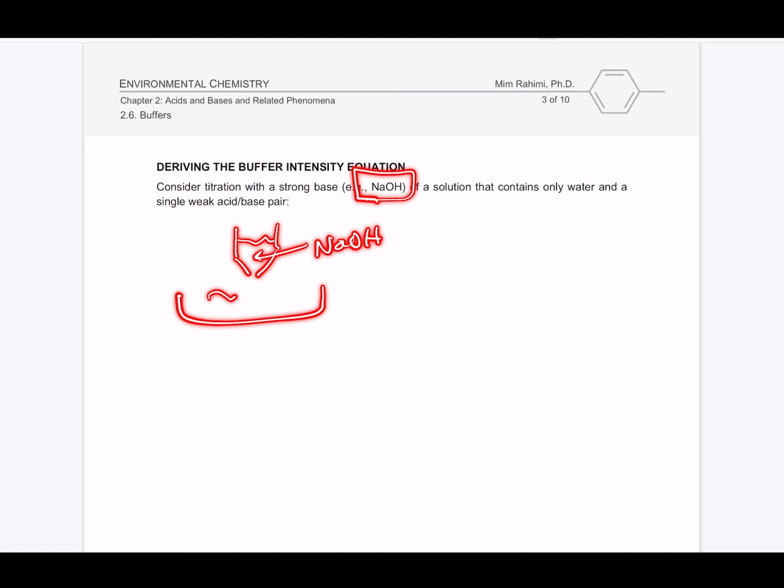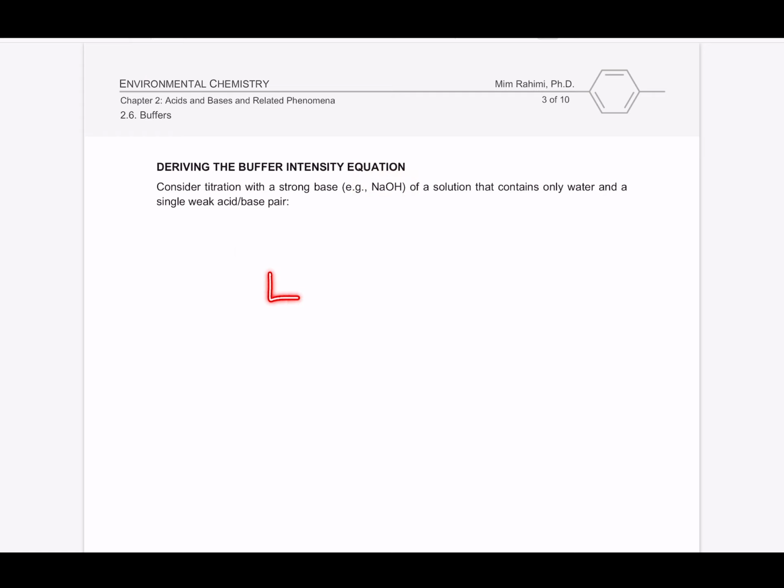And now in the sample, we have water, obviously, and also we have a weak acid, let's say HA. So we mentioned that the pH of water, the total acidity, and also the pKa are all factors that eventually impact how much resistance we have towards change in pH.